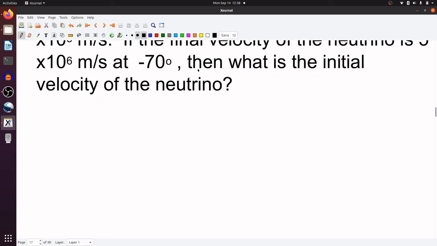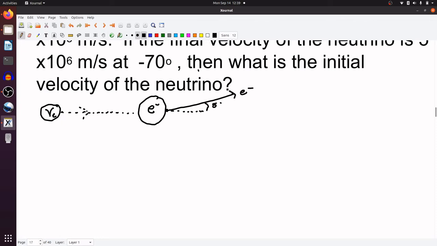All right, so I need to draw this out. Here is my neutrino. It's generally represented by a nu, and we'll call this an electron neutrino. A little small ball, and it's being shot along the x-axis, and it hits a much larger electron, and the electron is going to move off at a very small angle of 5 degrees.